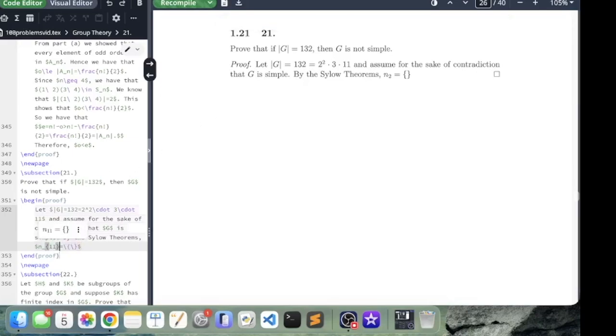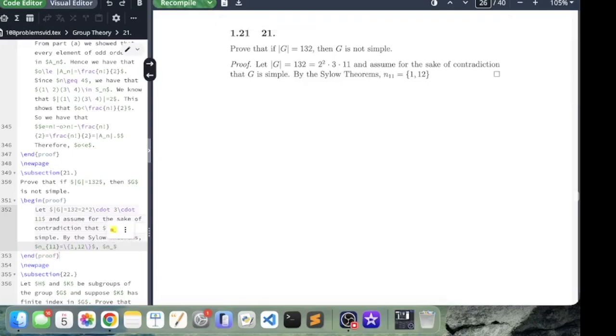That's easier. The possible number of Sylow 11 subgroups has to be congruent to 1 mod 11, and it has to divide 4 times 3, which is 12. So 1 is a possibility, 2 is not, 4 is not, 12 is a possibility.